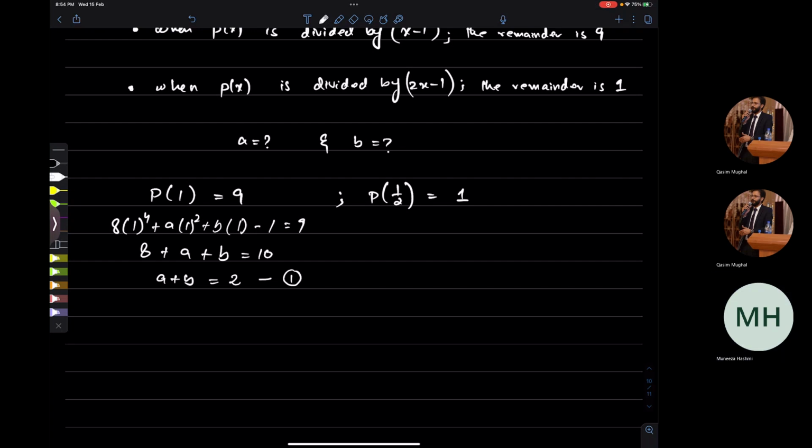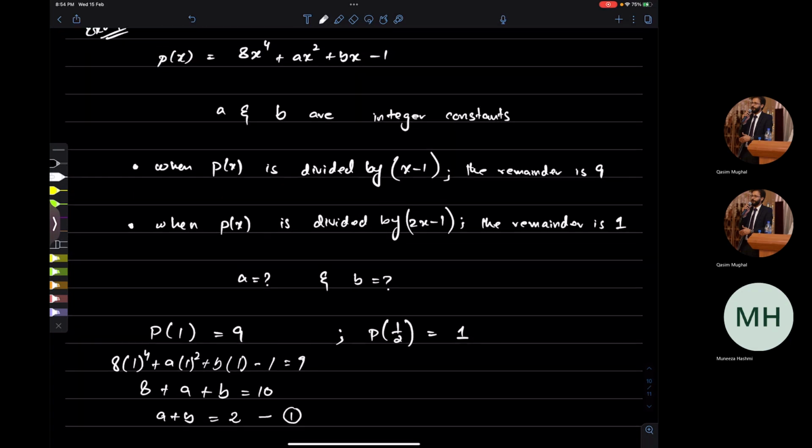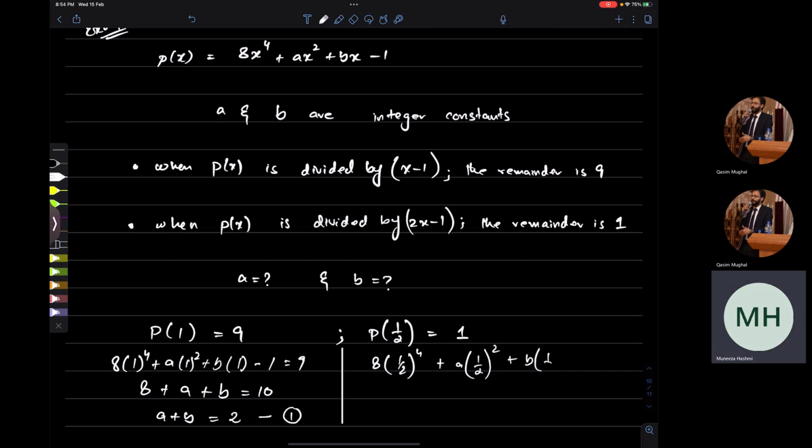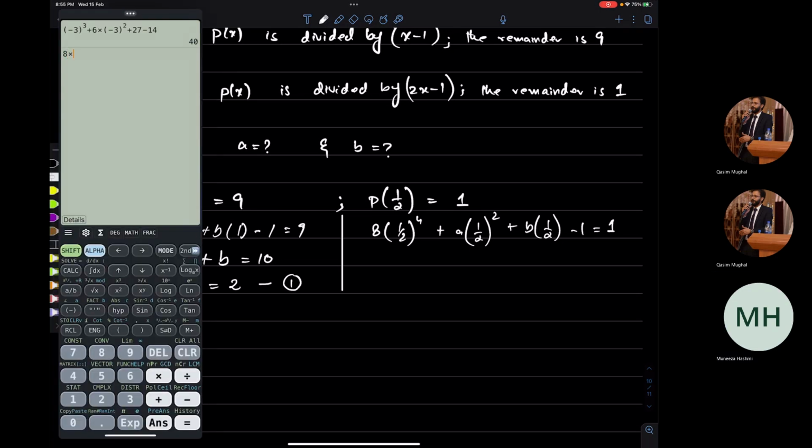Yes, sir. Now I'm going to do it for 1/2. Same thing. 8 times 1/2 to the power 4, plus A times 1/2 squared, plus B times 1/2, minus 1 equals 1. Let's work this out. 8 times 0.5 to the power of 4 is 1/2.